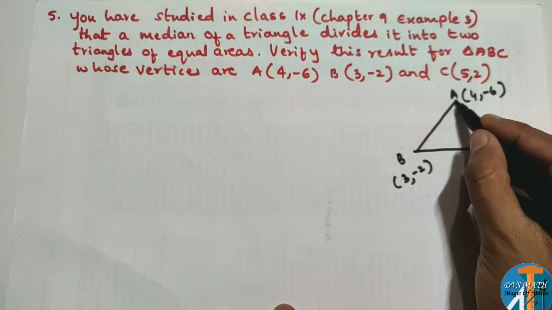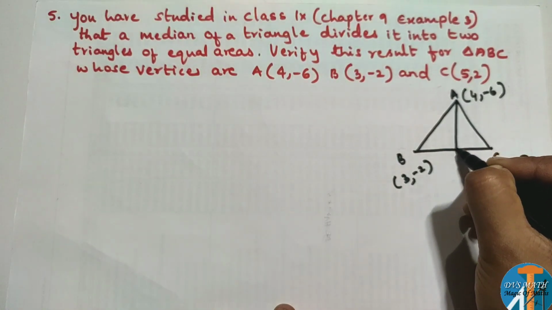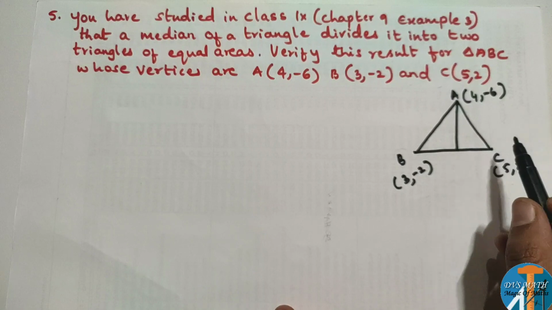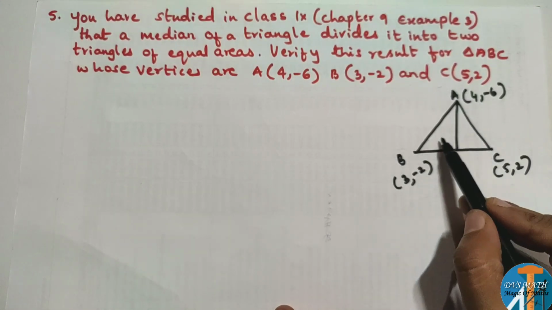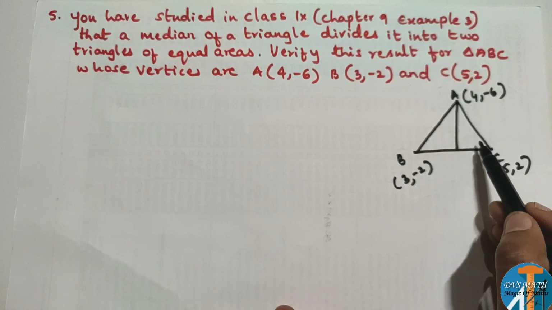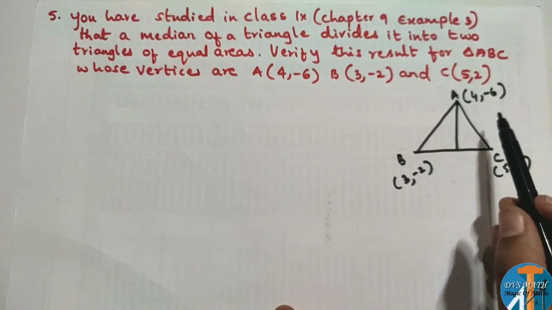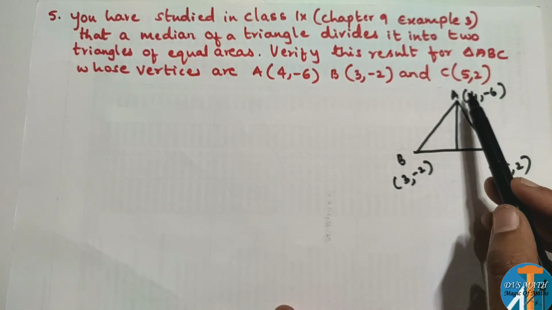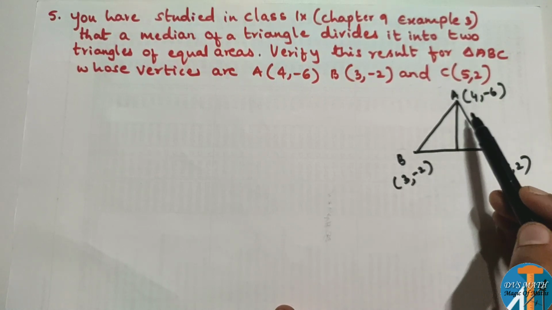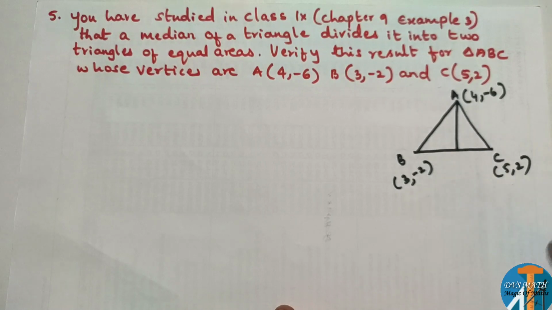If we draw a perpendicular for any of the sides of a triangle, we call it a median. So if we consider any one median, then this median divides the whole triangle into 2 equal parts. That means area will be equal. I think it's clear. So if we draw a median for a triangle, that triangle divides into 2 triangles of equal areas.